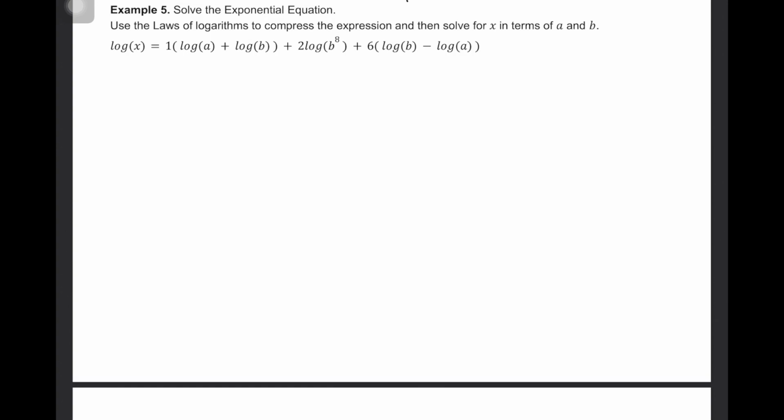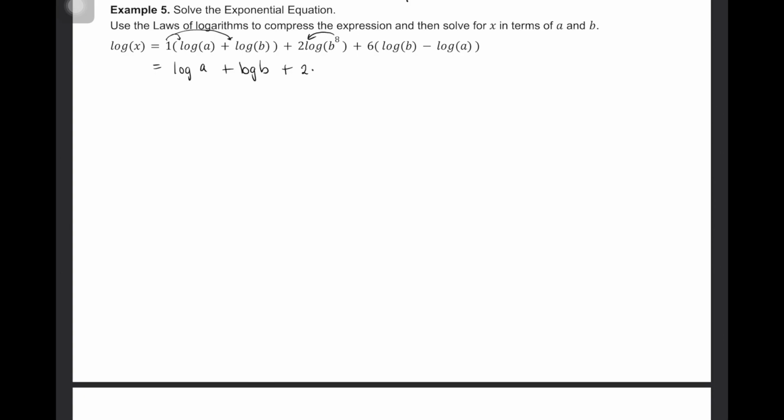So what we're gonna do here is just use some algebra and try to simplify this as much as we can. So this is 1 times logarithm a, 1 times logarithm b, so that gives us logarithm a plus logarithm b. Here we can use the power property and bring down that power.